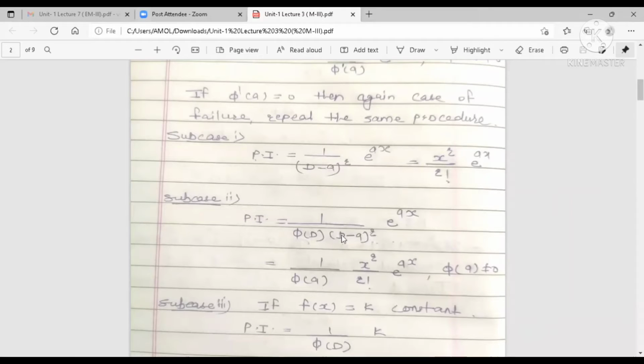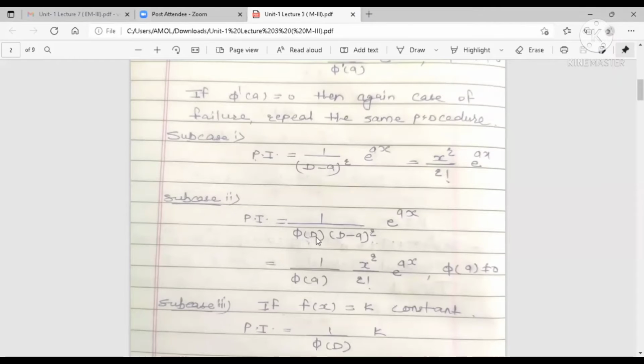Solve this term by the subcase 1 result. So your PI will be 1 upon phi1 of a into x raised to r upon r factorial into e to the power ax, and the condition is that phi1 of a must be non-zero.